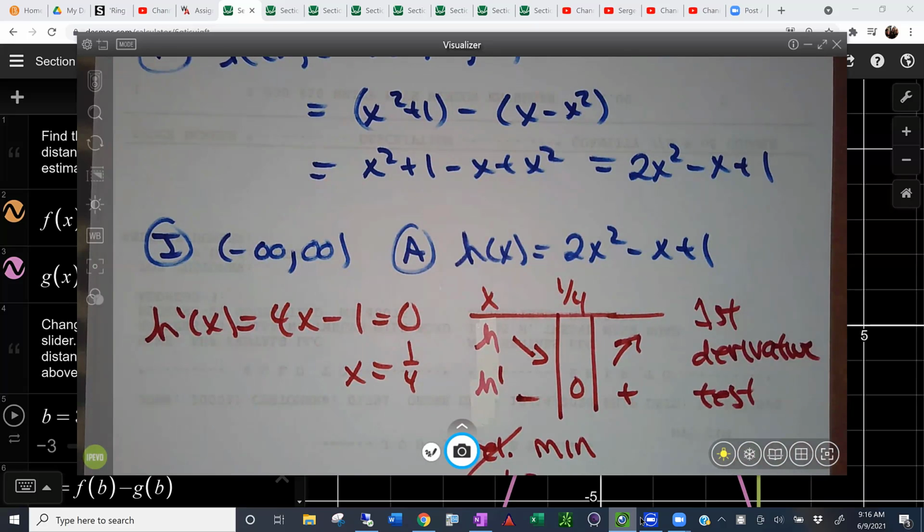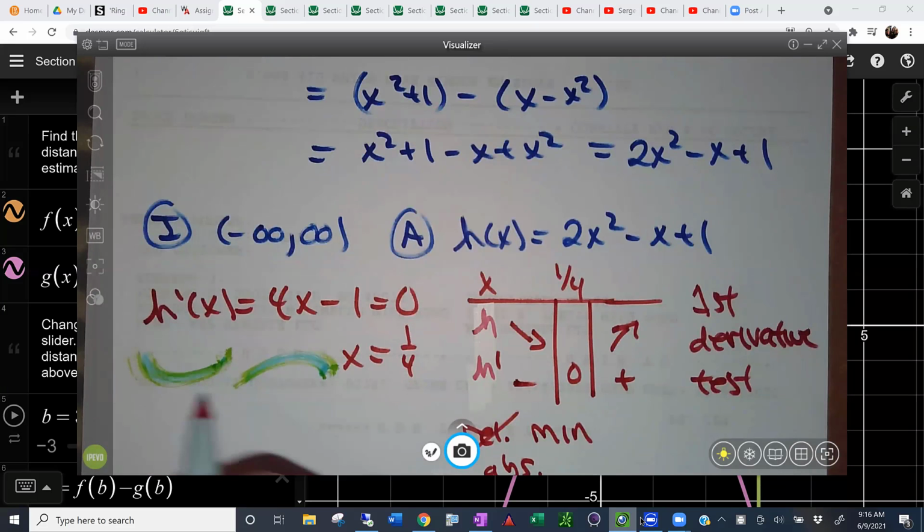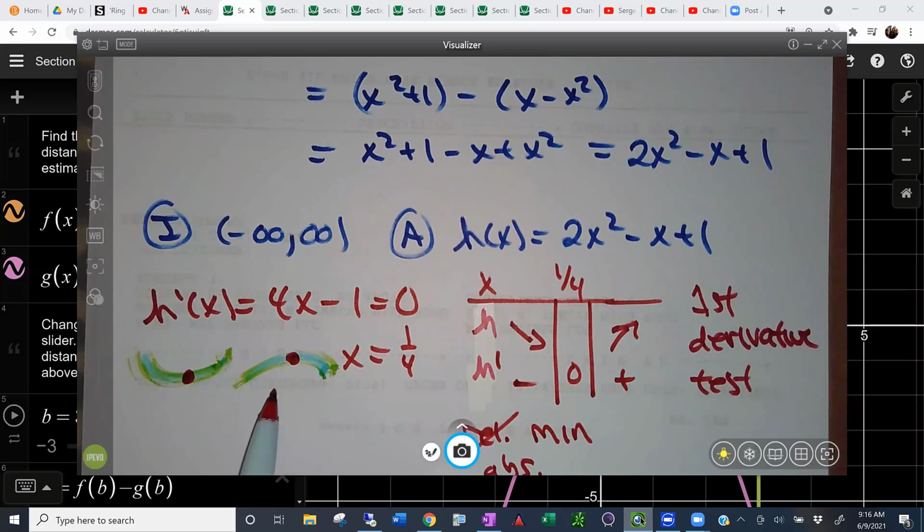But there's another clever way to test whether or not something's a minimum point or a maximum point. So if you have a critical point and you know the concavity of something, you can decide if it's going to be a minimum point or a maximum point.